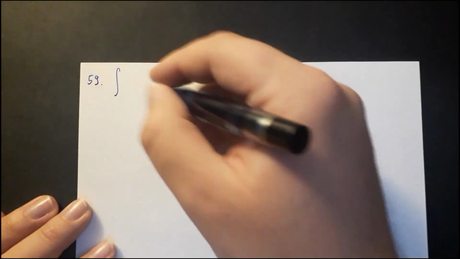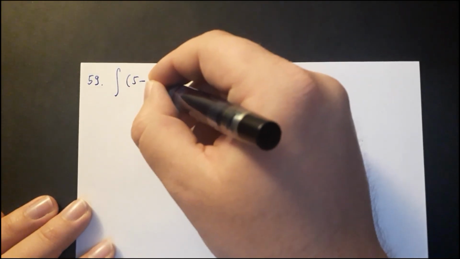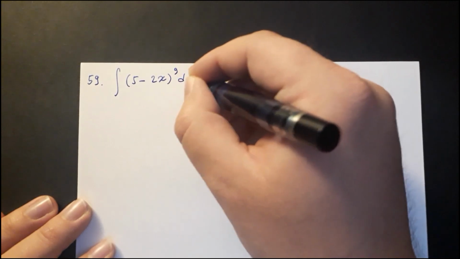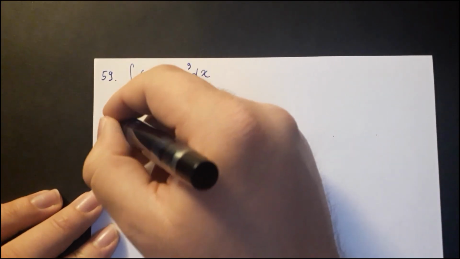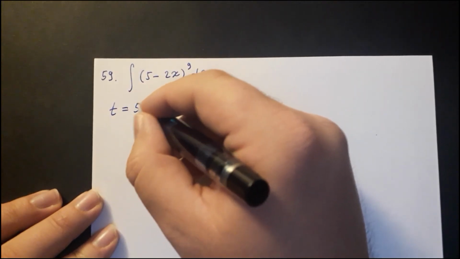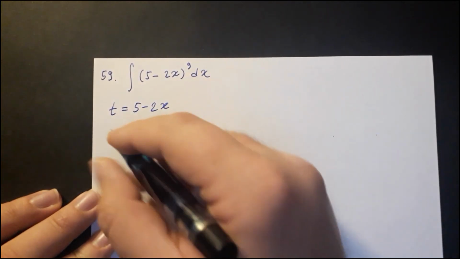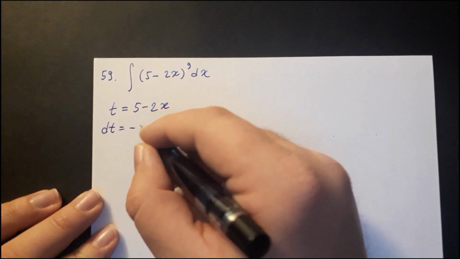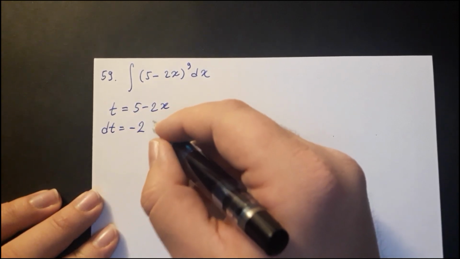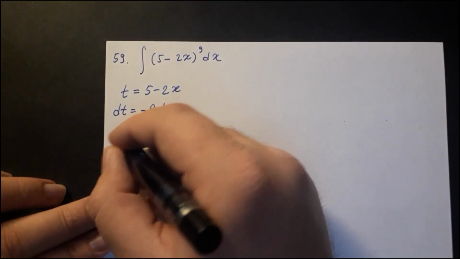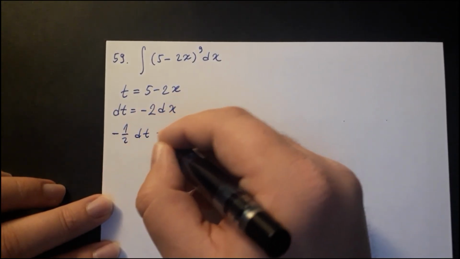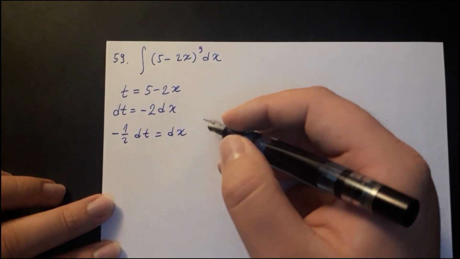Now integral number 59 on our list is an integral of (5 minus 2x) to the power 9 dx. We are going to introduce the substitution t is equal to 5 minus 2x, and then the differential of t is equal to negative 2 dx, which makes 1/2 of the differential of t equal to the differential of x.